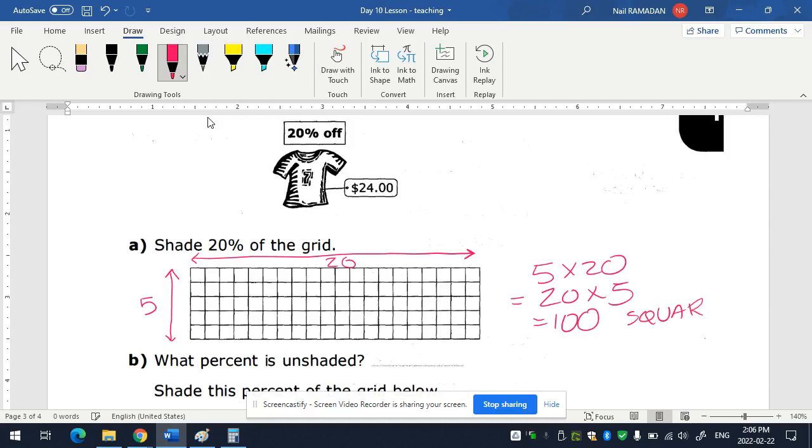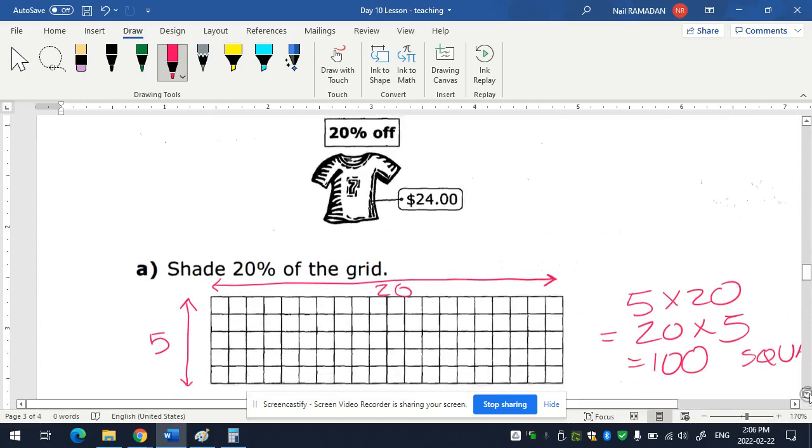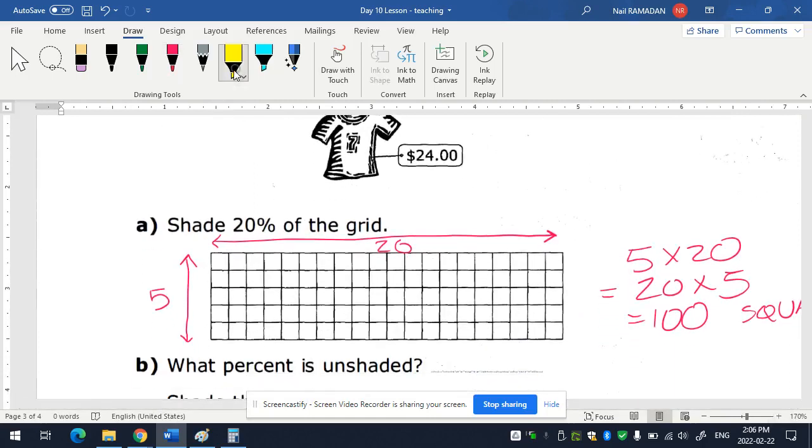All right, how about we shade 20%? Well, 20 is like 1, 2, 3, 4, 5, so 4 rows of 5. I'm going to go with yellow. Here's 5, here's 10, here's 15, and here is 20.